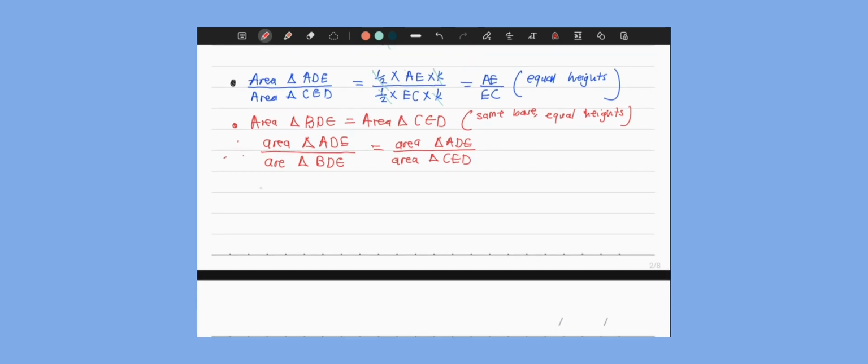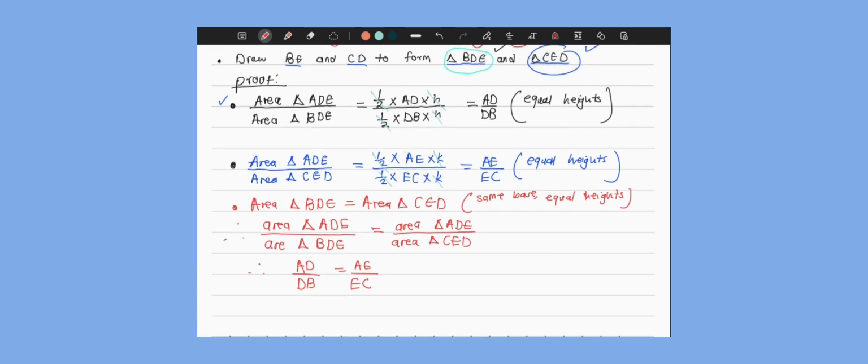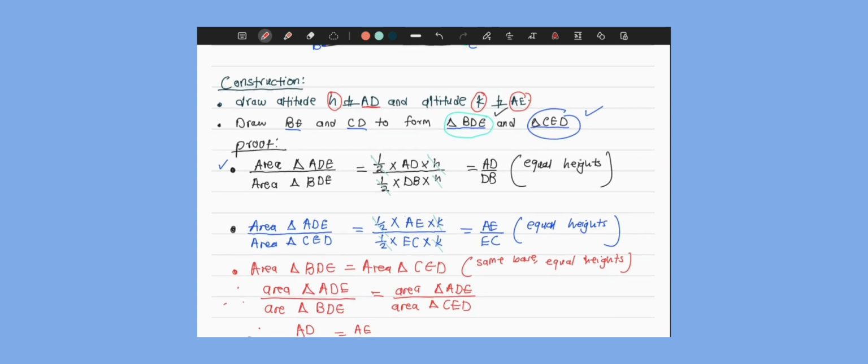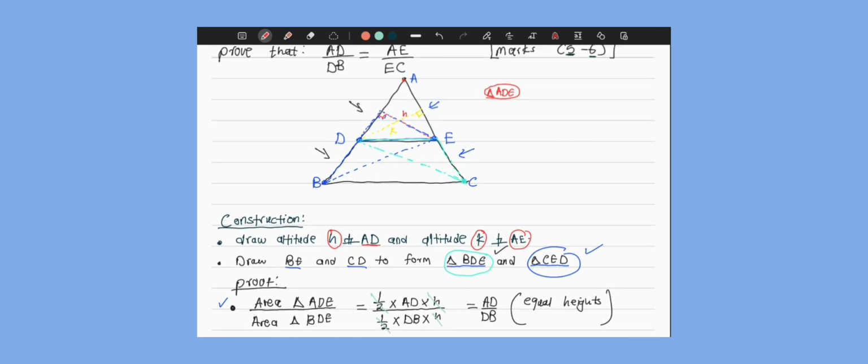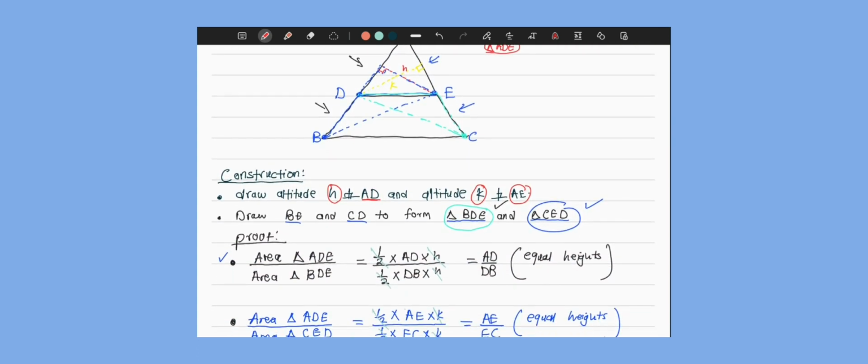So therefore we can say now AD divided by DB is equal to AE divided by EC. This is 6 marks, or 5 marks as usual. Yes, this is how we prove it, guys.